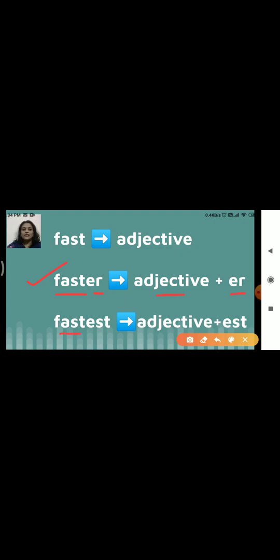Fast is the adjective, we added est, and then we got the word fastest, right? Did you follow till here? So fast, faster, fastest. This way we got two different words from the main word fast, isn't it?